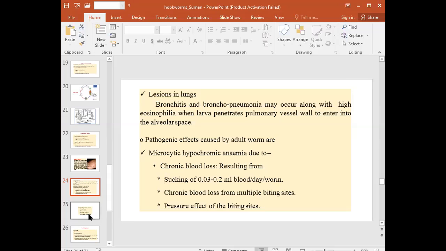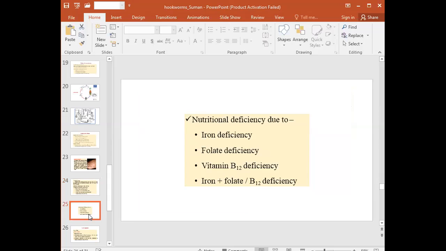So chronic blood loss from multiple biting sites is normal, and pressure effect of the biting sites can also be observed. So anemia is one particular type of symptom.